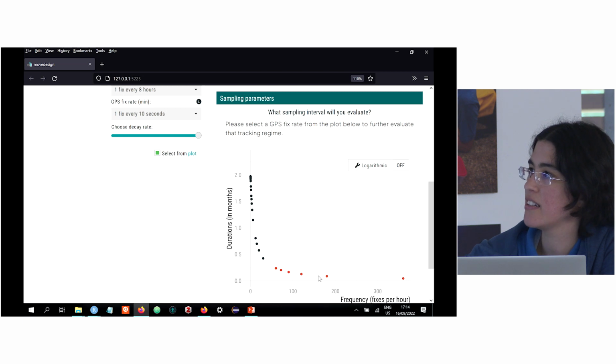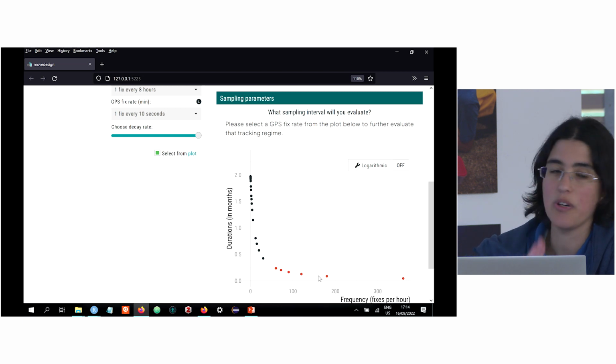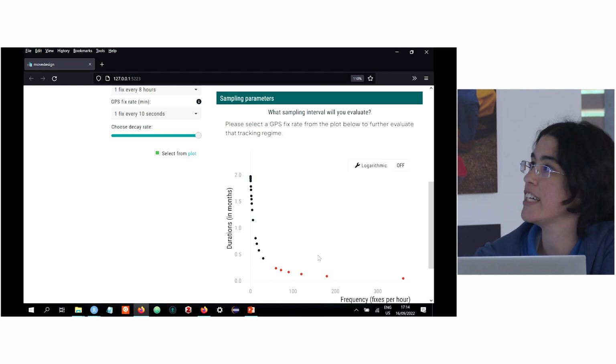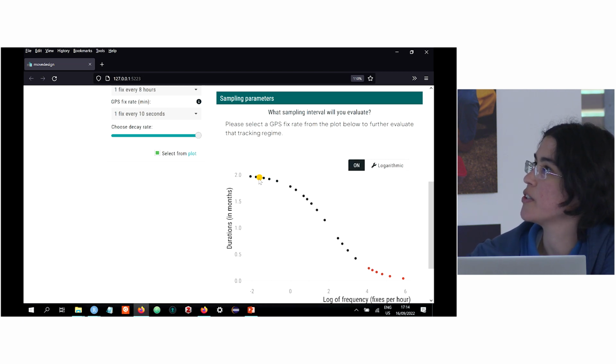But it's just a good idea to see that you do have that trade-off happening. I'll change it to logarithm scale so you can see these high points first. So we can see how the duration changes as we have a sampling interval that keeps decreasing, right?